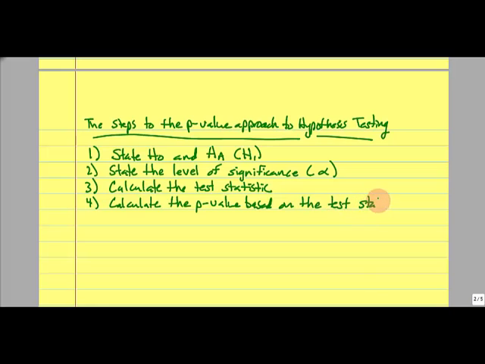Now once we find the test statistic and I calculate the p-value, I'm going to make a decision. I have the same two decisions I can make. I can reject H0, or I can fail to reject H0.